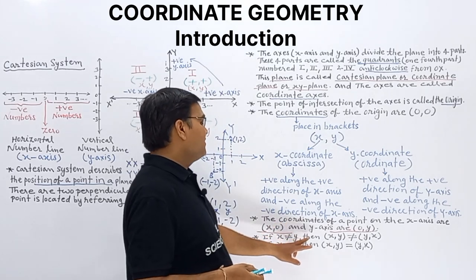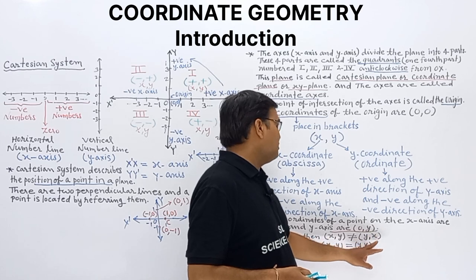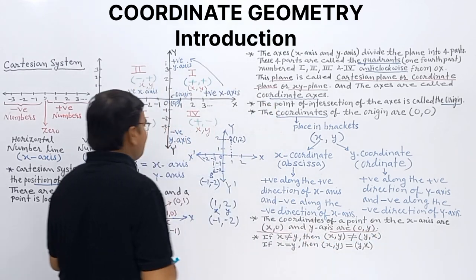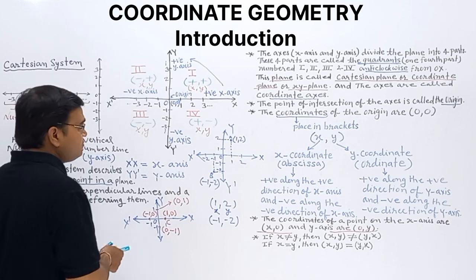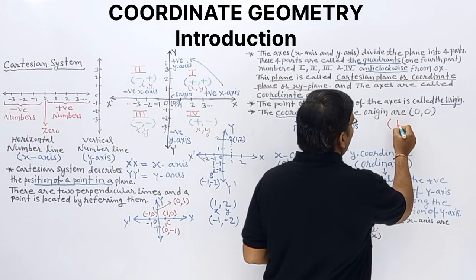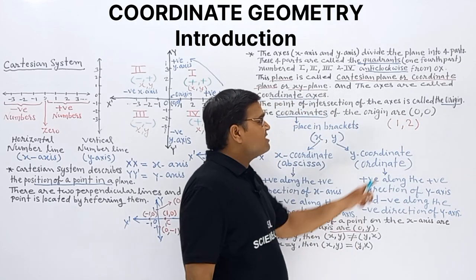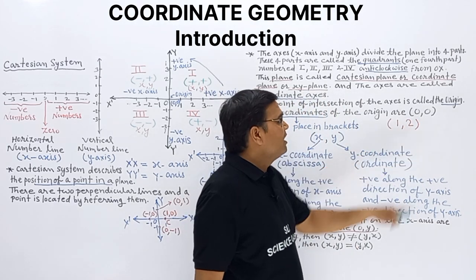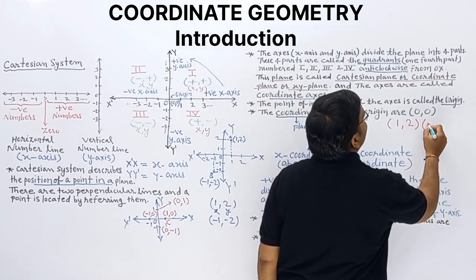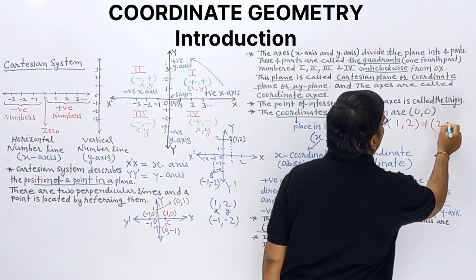Now the last point is there. If x is not equal to y, then (x, y) is not equal to (y, x). Listen, what is the meaning? If we are having (1, 2), x is 1, y is 2, it is not equal to (2, 1).